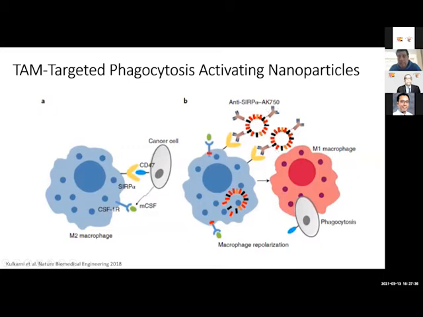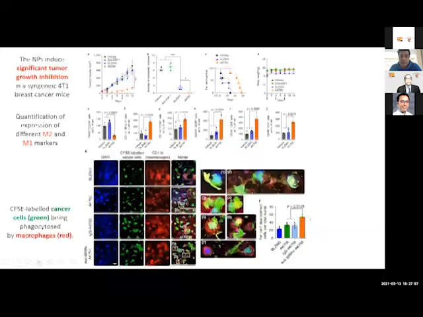At the same time, this drug, AK750, is a patented drug. This drug is a blocker for the colony-stimulating factor receptor. By blocking this receptor, it induces repolarization of M2 macrophages to M1 that can induce phagocytosis of cancer cells.